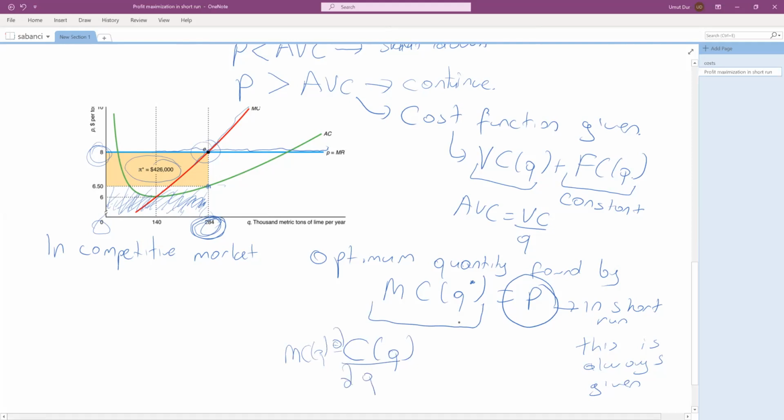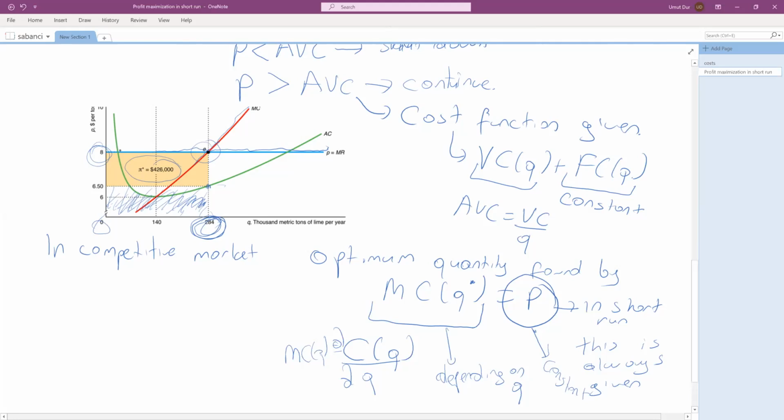So you take the derivative of the cost function, and you have some function depending on Q. Here P is given to you, this will be some constant, some number. Then you find the exact value of your optimum quantity. This is the first step, finding the optimum quantity.